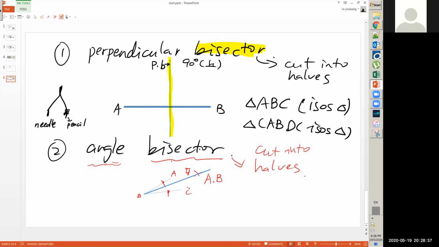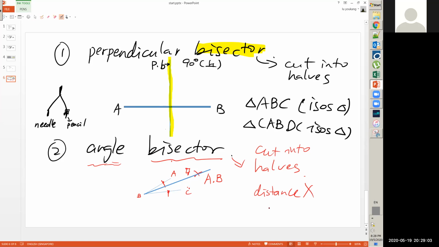I call it AB. Can I ask, how do you know that from B, like how far you should draw? No, it's okay. Now I'm not concerned about how far. My concern is I just need to cut the angle into half. I'm not talking about distance at the moment.